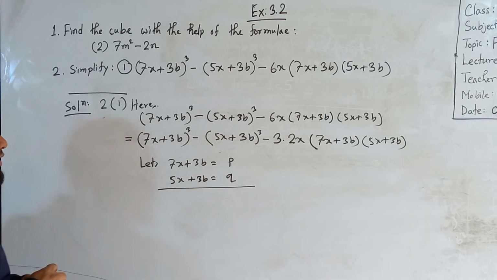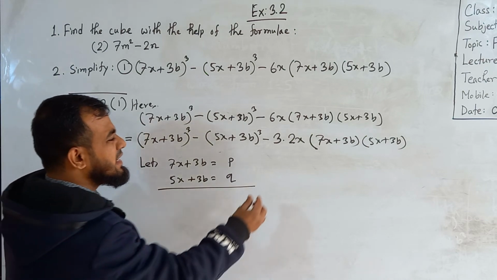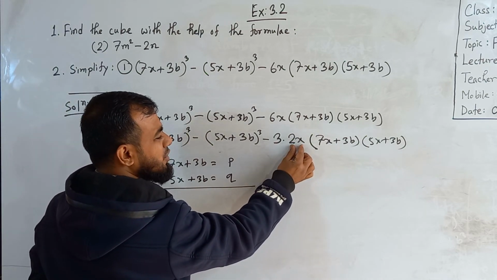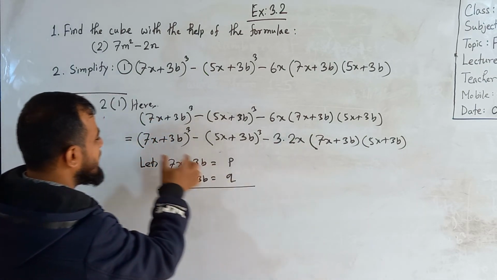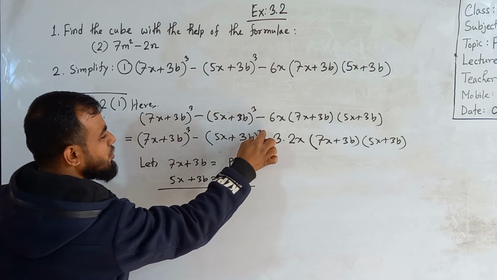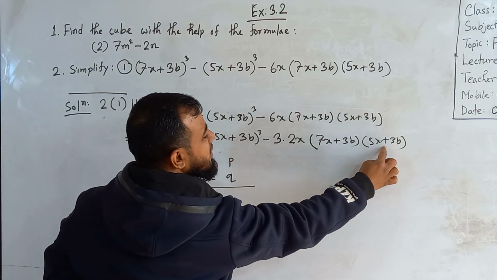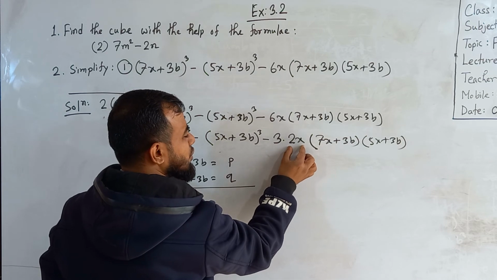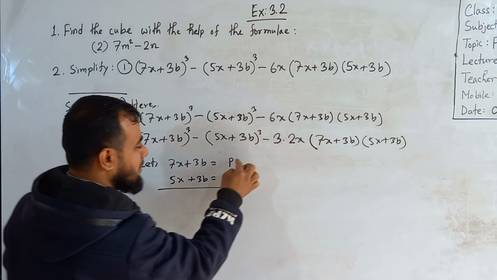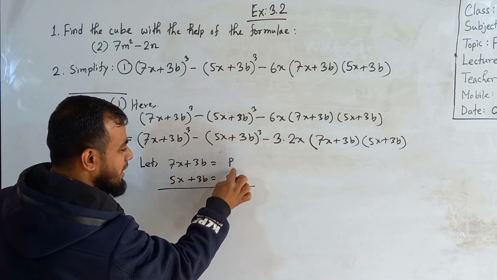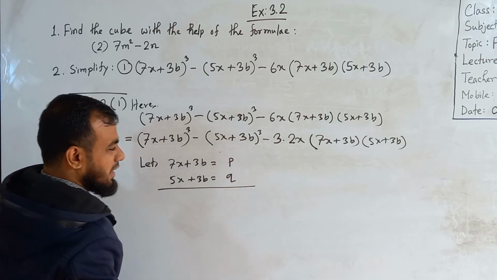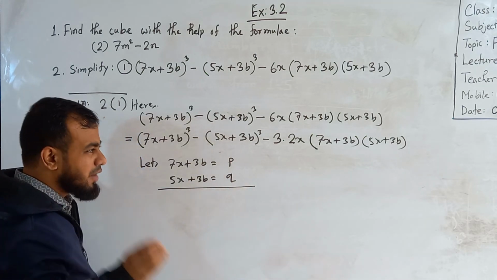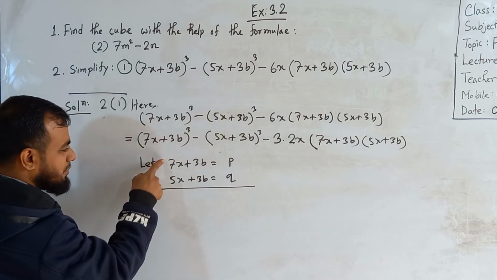Now dear students, what is needed here? We need the 2x value. We need the 2x value because we already have a cube minus b cube minus 3ab, so a minus b is not here. If we subtract these, p minus q will be arranged. So a minus b we can get by subtracting, or we can find out the value of 2x by subtracting these two.